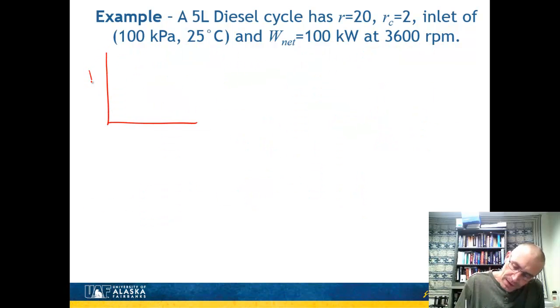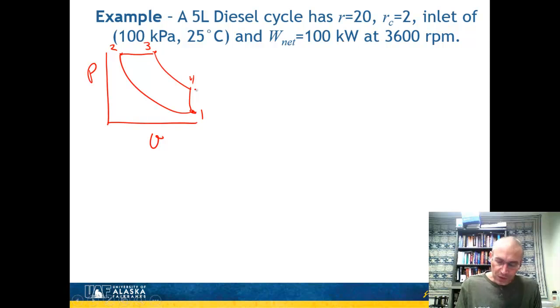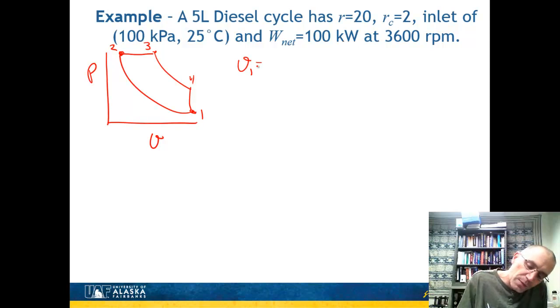So let me again sketch up my PV diagram just to remember what it looks like. 1, 2, 3, and 4. And so what we want to do is figure out what point 2 is relative to point 1. So first let me find out what my intensive volume is at point 1. That's going to be R T1 over P1.